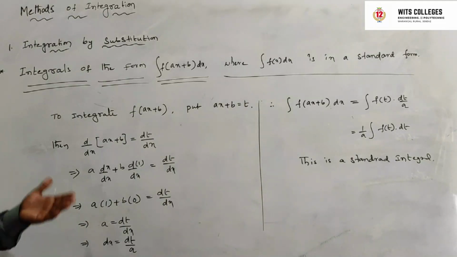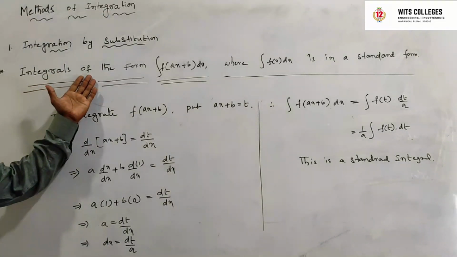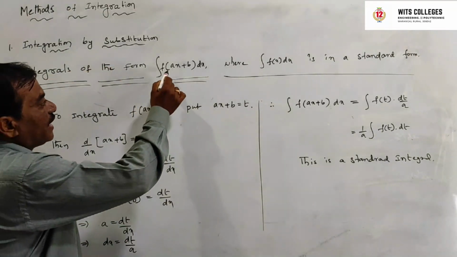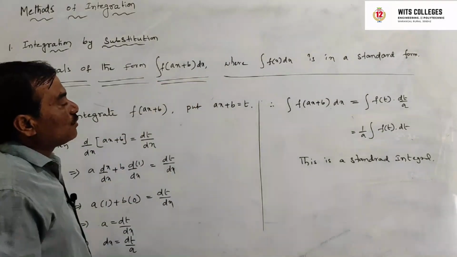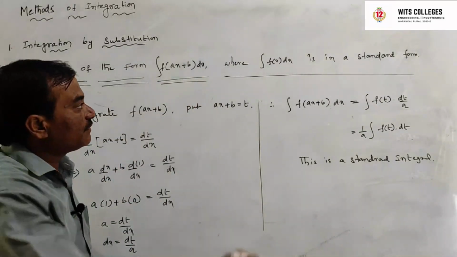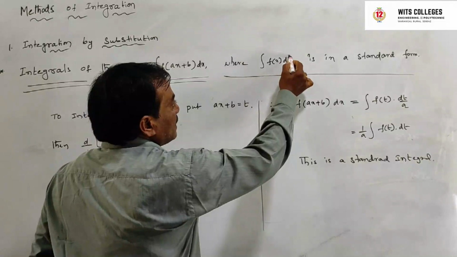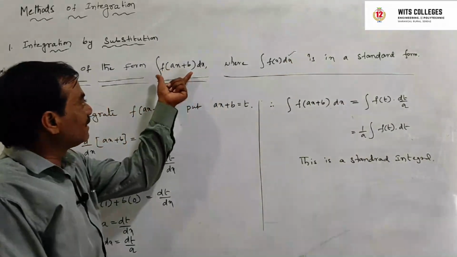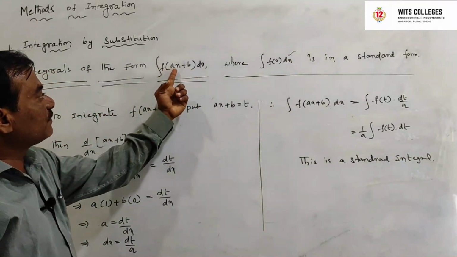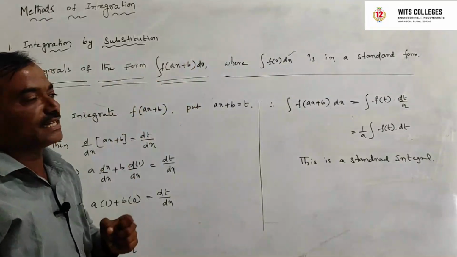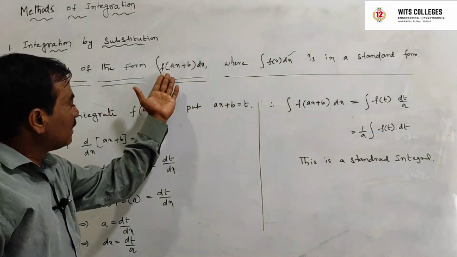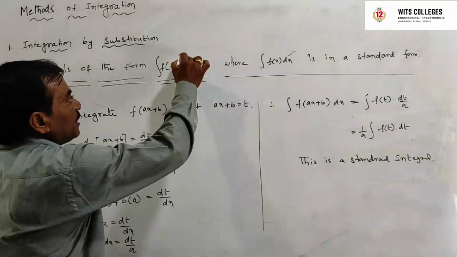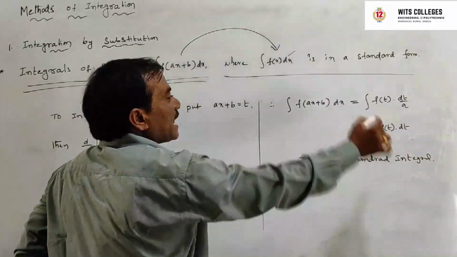Okay. So now integrals of the form integral f(ax plus b) dx. What is the standard form? The standard form is integral f of x dx. But the given integral is integral f of ax plus b dx. This type of integral can be converted into the standard form.